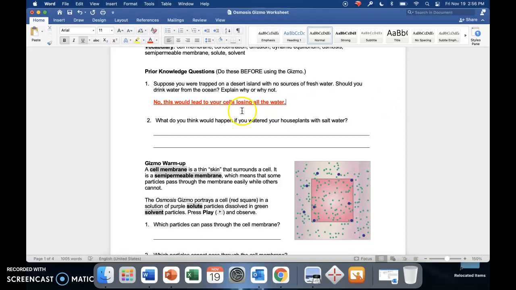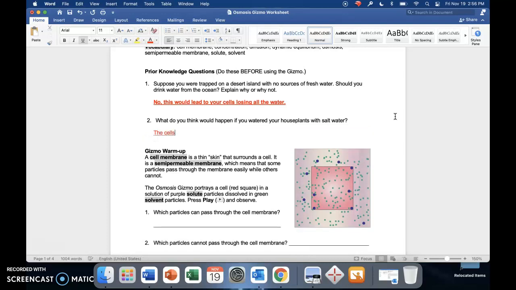So now we're just going to apply that to a house plant. Since again we're going to use salt water to water our plants, we would be exposing the house plants to a hypertonic solution. So what is going to happen to your house plants?